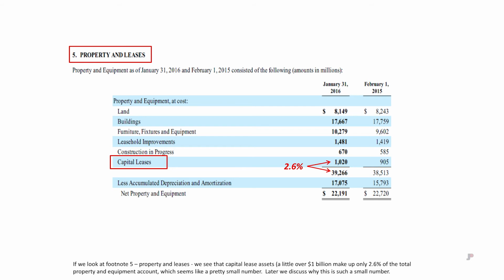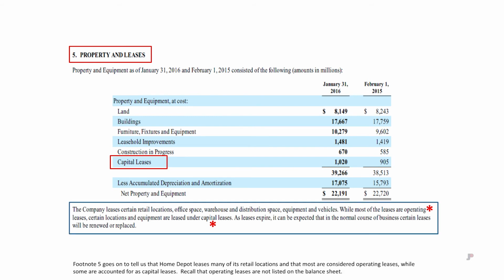We also see the capital lease assets, a little over $1 billion, make up only 2.6% of the total property and equipment account, which seems like a pretty small number given the large number of Home Depot leased facilities. Later we discuss why this is such a small number.